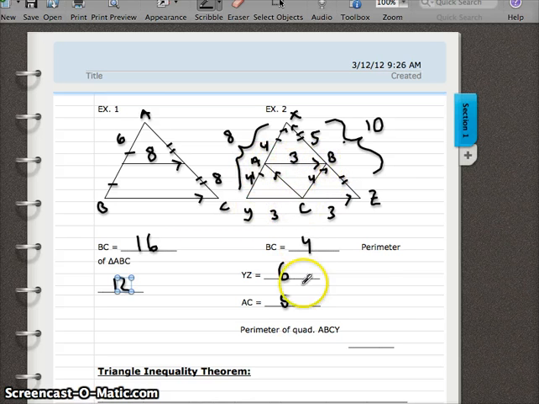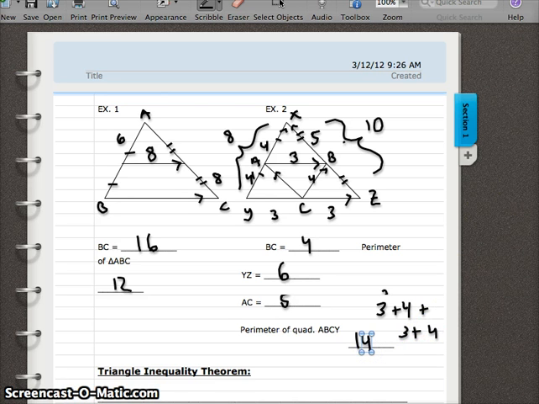Well, we know AB is 3. BC is 4. So we're going to be adding up all these edges here. YC is 3. And AY right here is 4. So add those all up. We get 7 plus 7, that's 14.